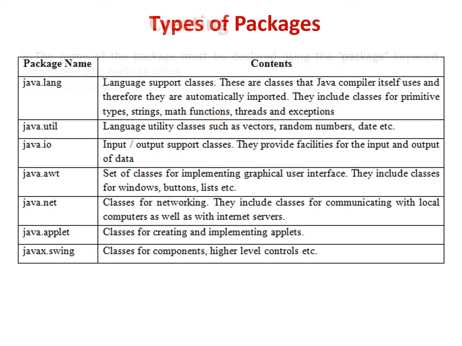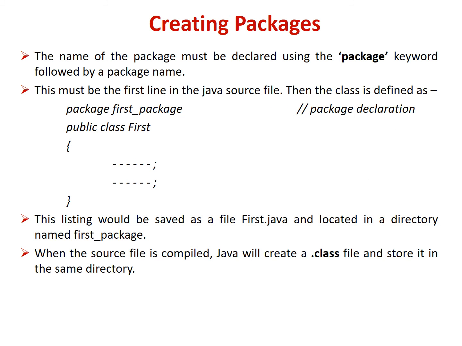Creating packages. The name of the package must be declared using the package keyword followed by a package name. This must be the first line in the Java source file. Then the class is defined. As given here, first we specify the package declaration statement by using the keyword package and then the package name as firstPackage.